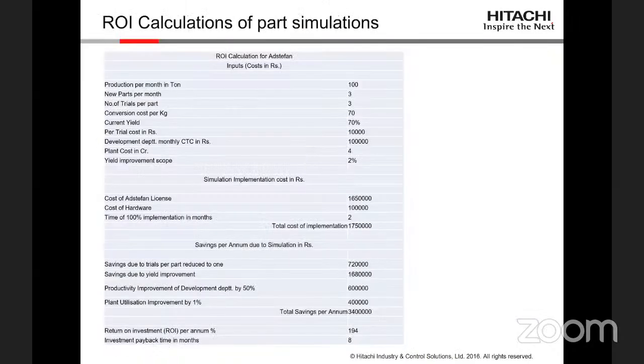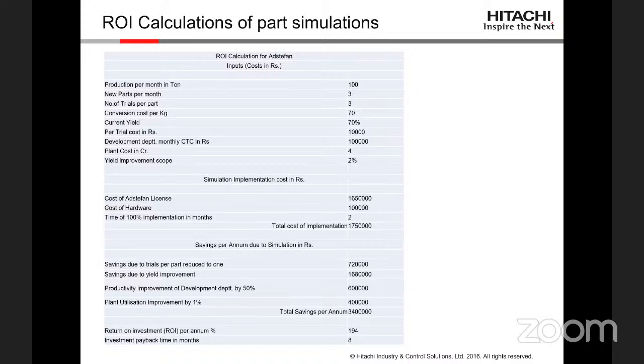So this is the ROI sheet. If any company goes for simulations, what is the outcome? Suppose a company is doing 100 tons in a month, with 3 new developments per month, and they are doing three trials on each of the 3 components.